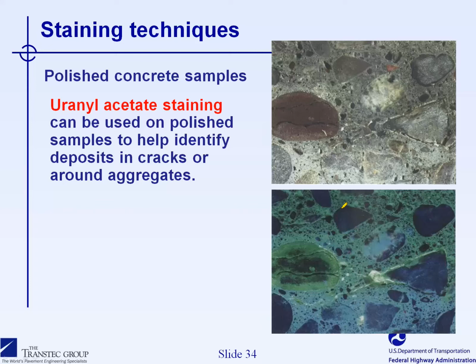So in the late 1980s, early 1990s, tools were developed in order to help petrographers to determine the presence of alkali silica gel, and it is related to the use of uranyl acetate staining. So this is a solution that can be applied on the polished surface of a concrete that is affected or not by ASR.